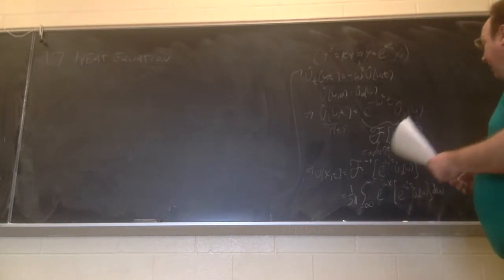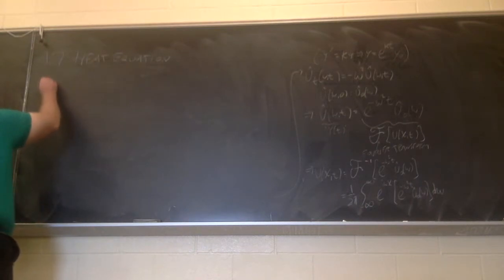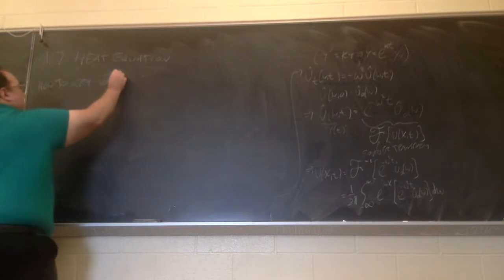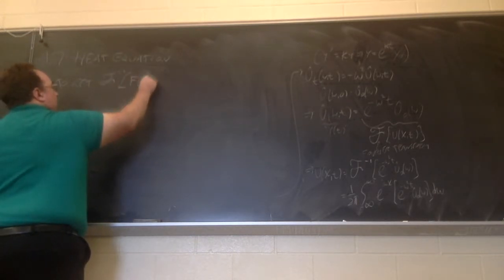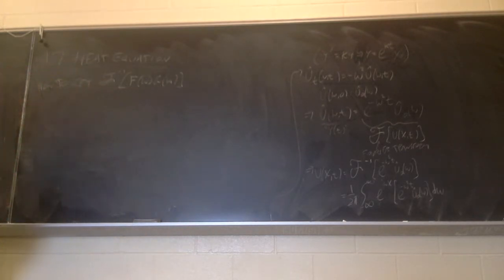Okay. So first, how to get the inverse Fourier transform of a product. So we have two functions of omega multiplied together, and say if you know how to inverse transform them individually, how could you inverse transform a product?